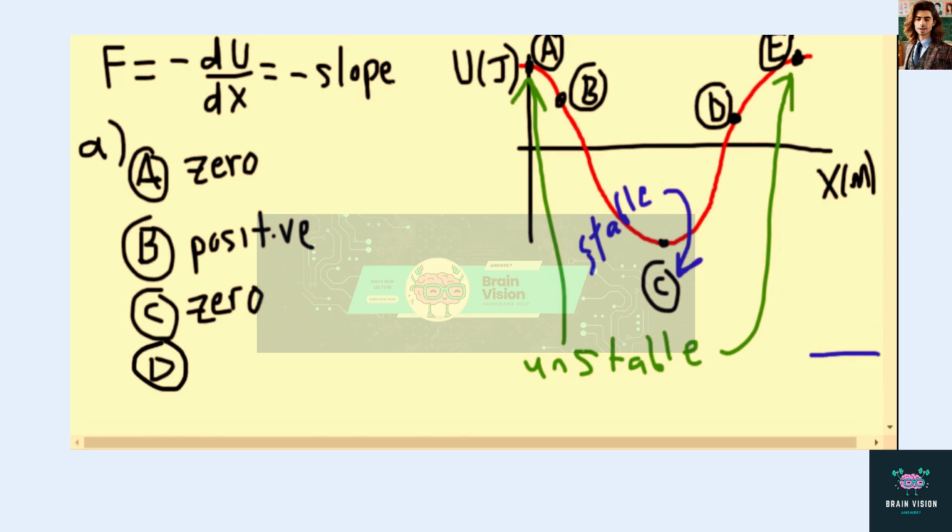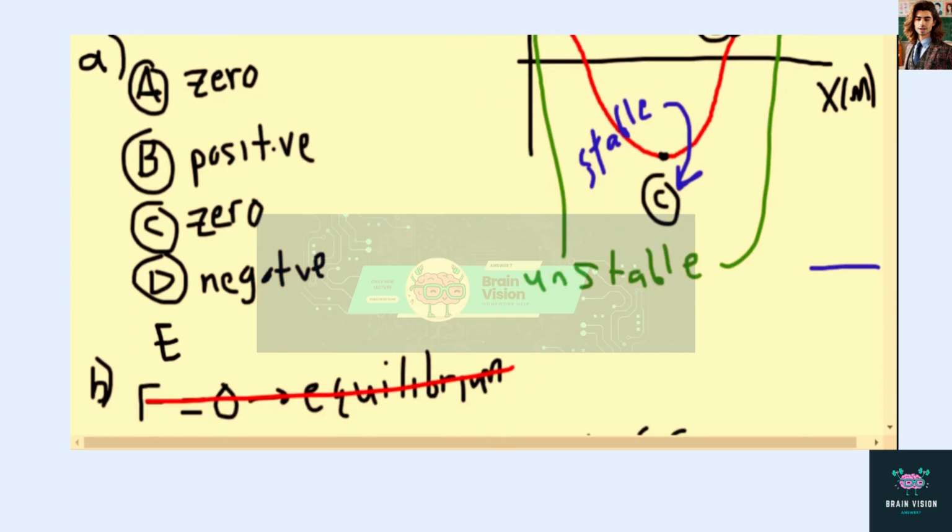At D, the slope is positive, so the force is negative. And at E, I'm not sure I drew that well enough to tell, so let me get to the actual problem in the book. E looks like the slope is 0, so the force is 0.